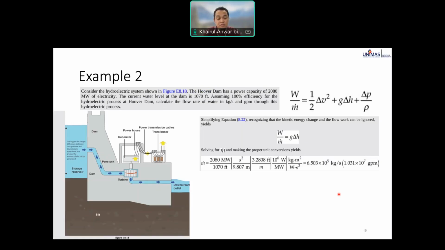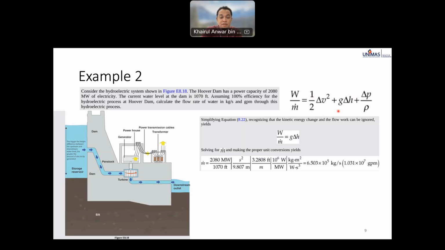Assuming 100% efficiency for the hydroelectric power at Hoover Dam, calculate the flow of water in kg per second and gallons per minute through this hydroelectric process. So water transfers from here to the turbine to the downstream outlet. Your task is to calculate the flow rate of water in kg per second and gallons per minute.